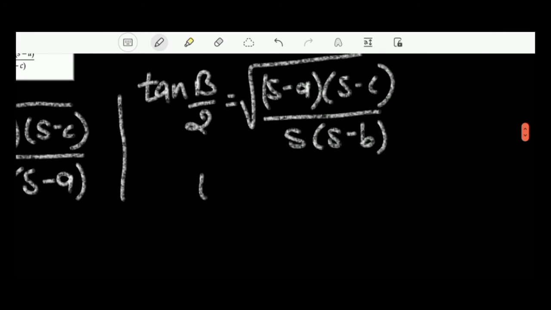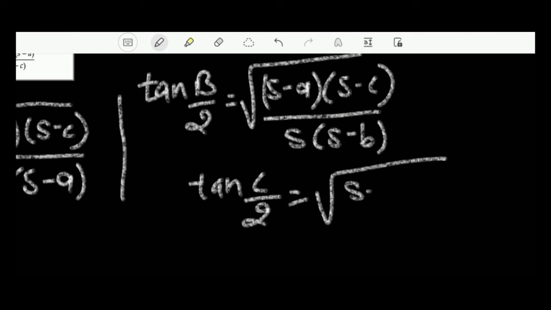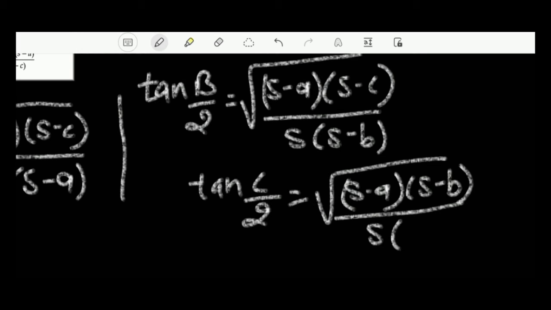And similarly, for c by 2, we can say that square root of s minus a multiplied by s minus b divided by s into s minus c.